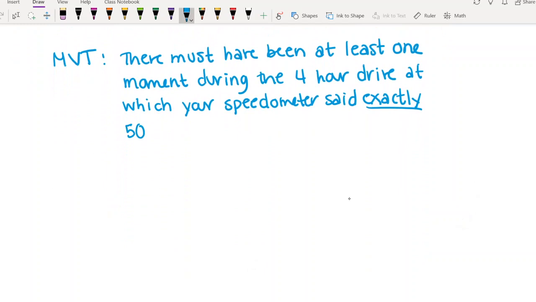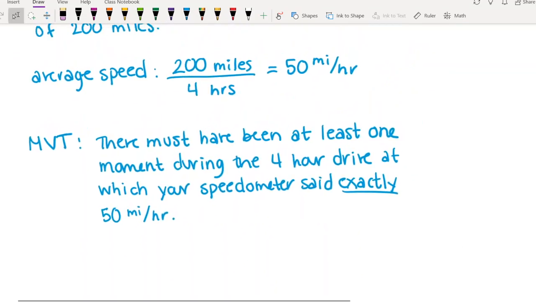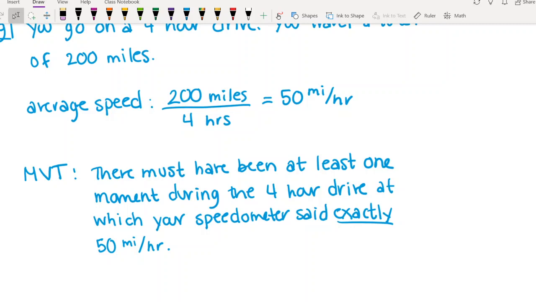So that's an intuitive way to think about what the mean value theorem says. Basically, at some point, the actual speed must have agreed with the average.